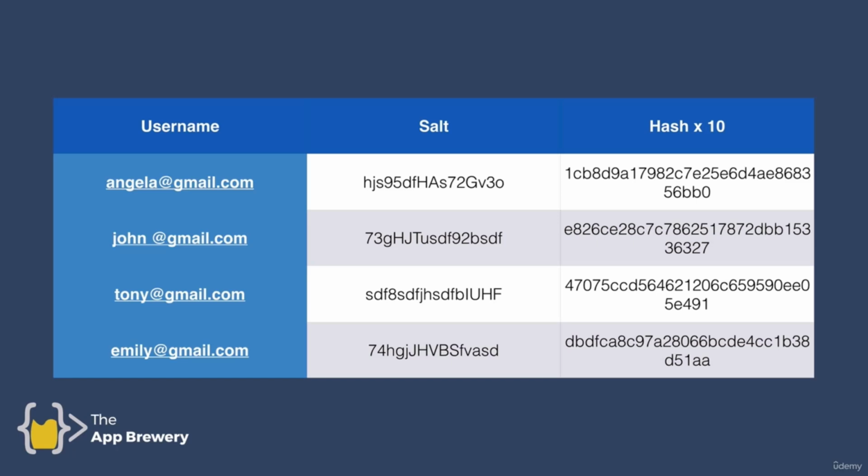And when it comes to checking their password when they log in, we'll take the password that they put in, combine it with the salt that's stored in the database, and run it through the same number of salting rounds until we end up with the final hash. And we compare the hash against the one that's stored in the database to see if they've entered the correct password. So let's give that a go in real life and implement salting rounds into our website's authentication.